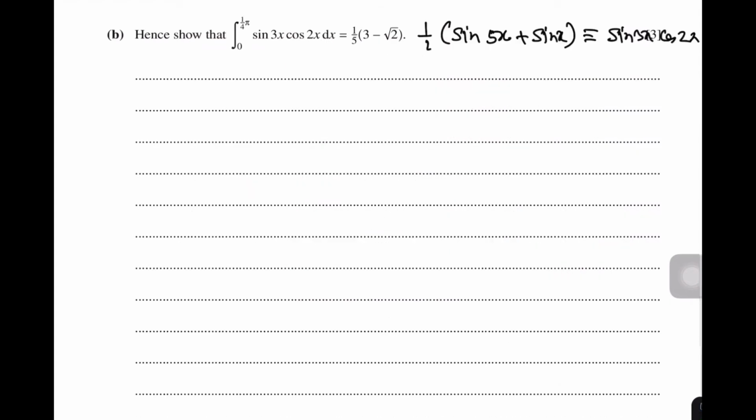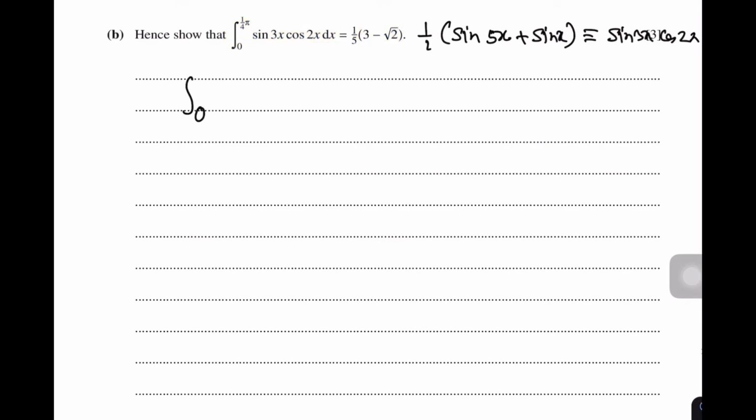Hence show that the integral from 0 to pi by 4 of sin 3x cos 2x dx equals 1 by 5 times (3 minus root 2).